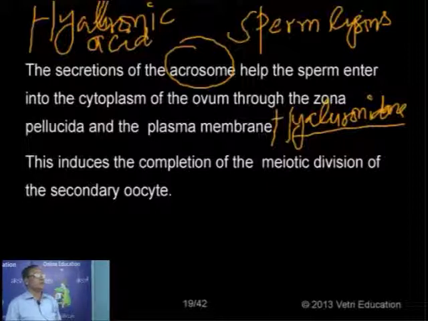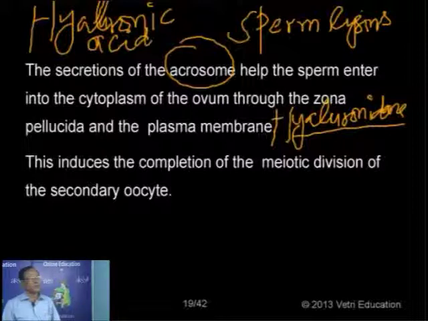In oogenesis, as I mentioned already, the egg is released at the stage of secondary oocyte, having just completed only the first meiotic division and waiting for the sperm touch to complete its second meiotic division. So only by the touch of the sperm, the egg undergoes the second meiotic division, leading to the formation of the ovum and finally converted to egg.